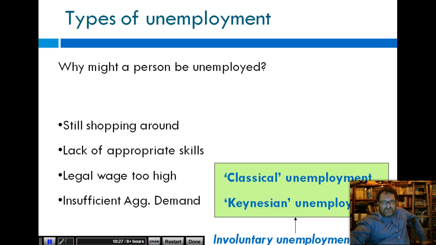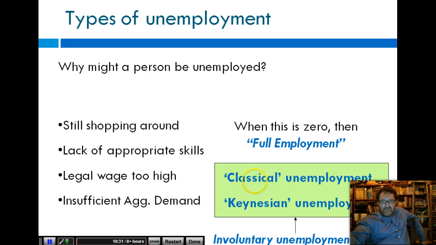Okay, so here's the terminological twist. When involuntary unemployment is 0, then we say that the economy is operating at, quote-unquote, full employment. That doesn't mean there's no unemployment.